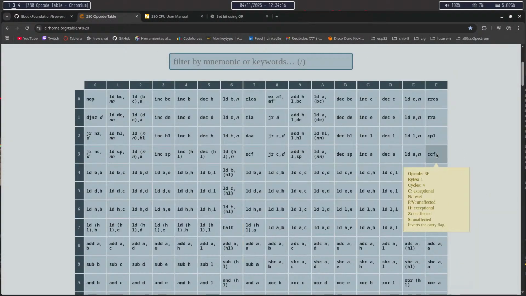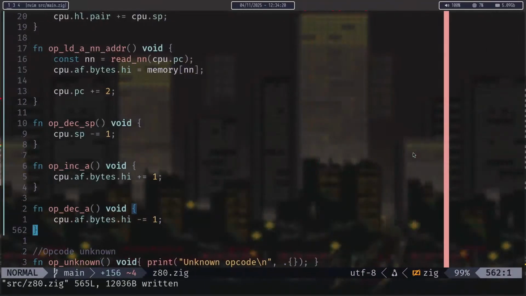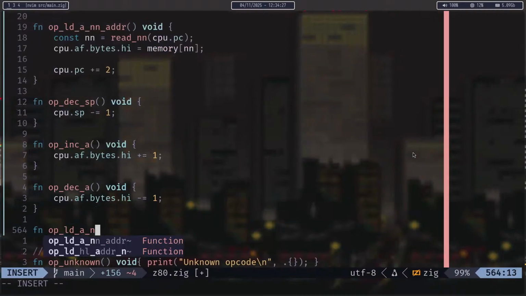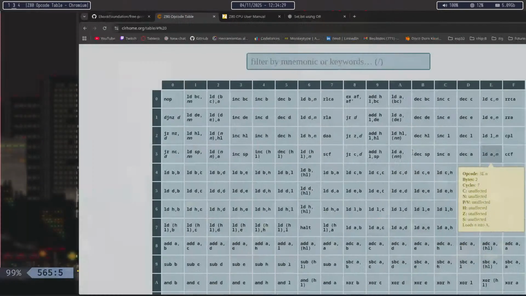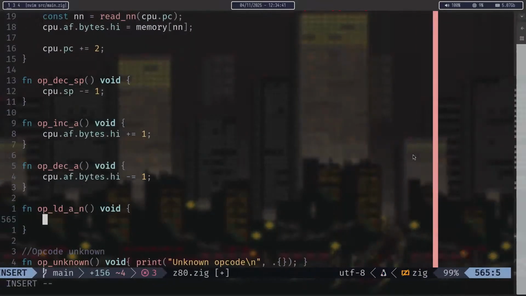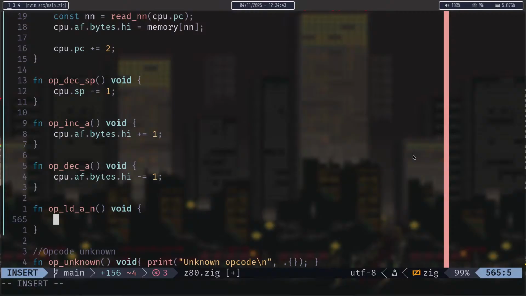Okay. I think I'm gonna do up until CCF and that's it. Fn op load AN, which seems like a pretty basic function just to be this far into the program, but whatever. Loads N into A. Sounds reasonable enough.